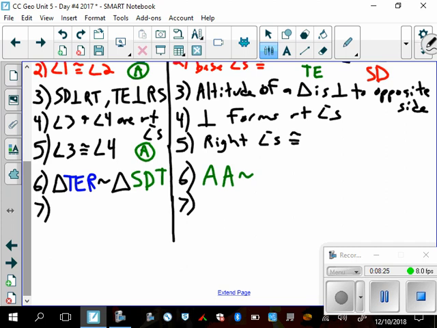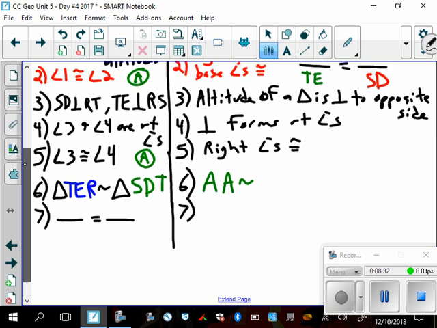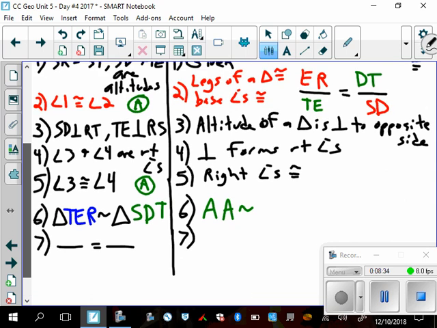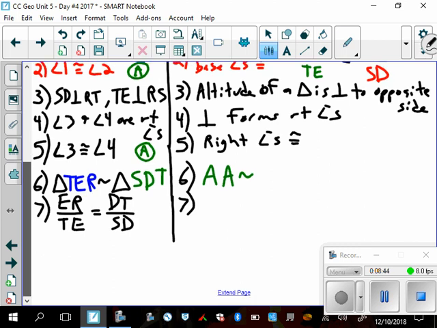All right, so now I'm going to put my proportion. This always comes after if I have to go farther for similar triangles. So we said ER to TE, and then DT to SD. Again, we built that because they're diagonal from each other.